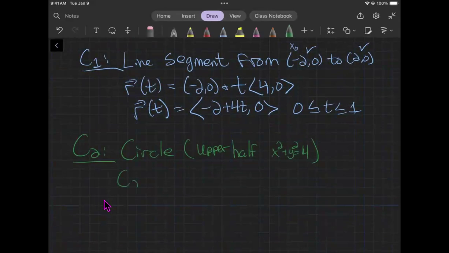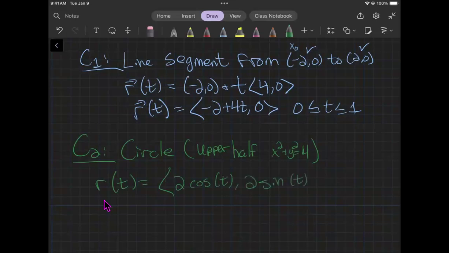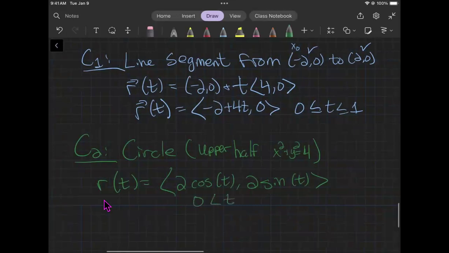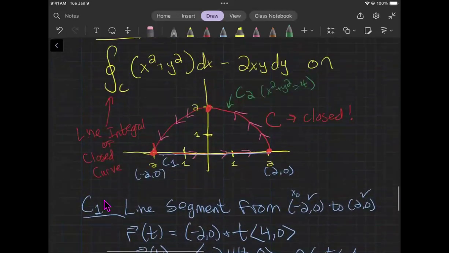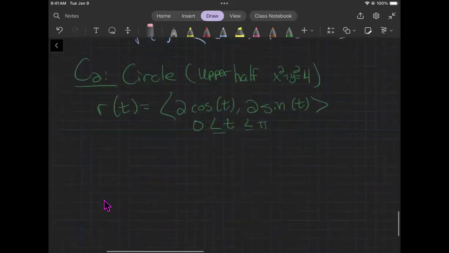So C2, the parameterization of that curve, R of t: the x coordinate would be 2 cosine t, and the y coordinate is 2 sine t, right? As the center is at the origin, and so the radius is 2, and this is the parameterization. T varies from 0 to pi. We're going to go counterclockwise, so the limits for t would be between 0 and pi.